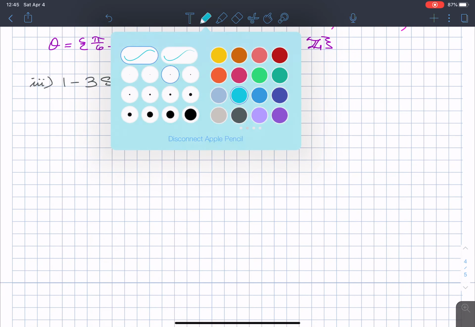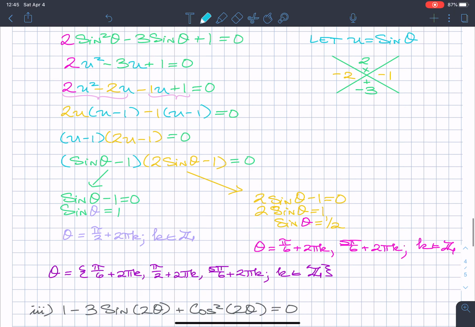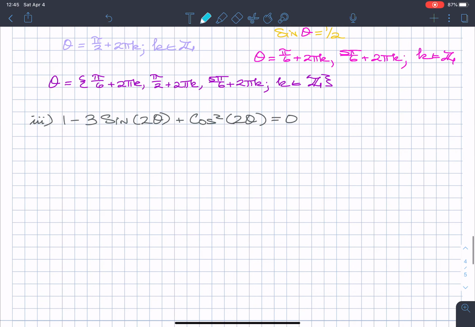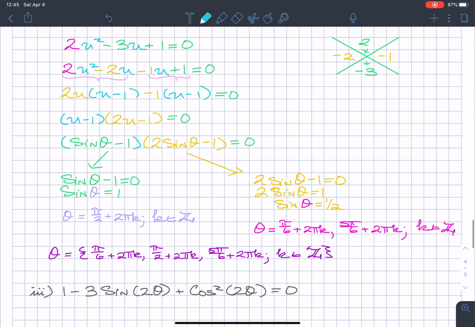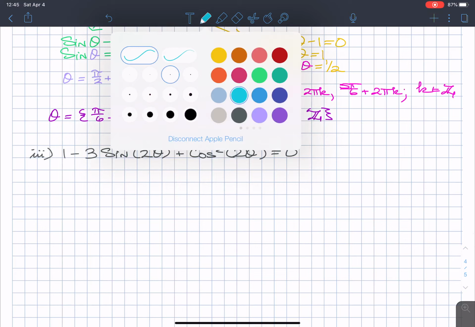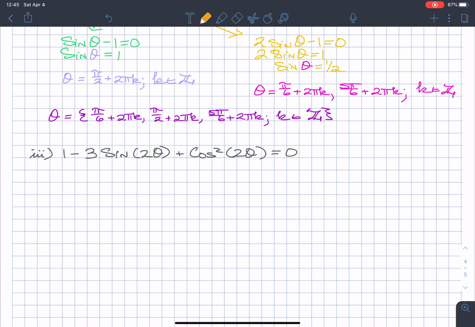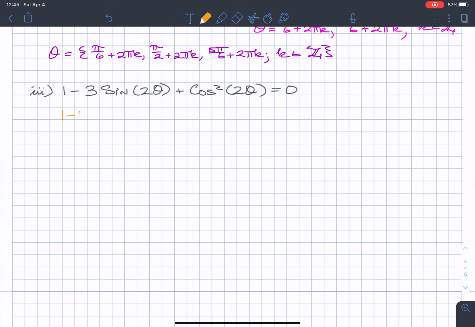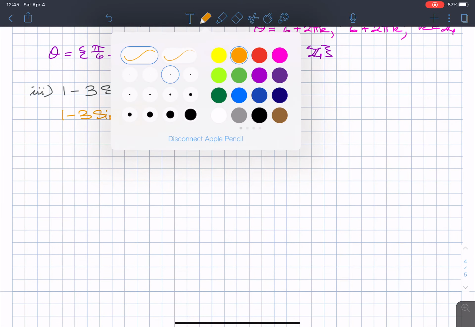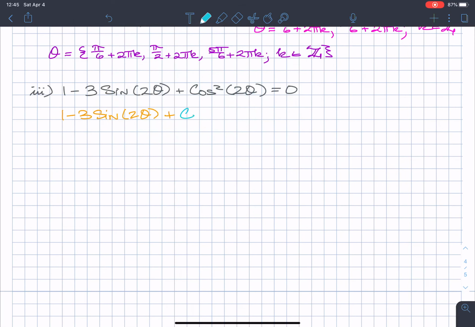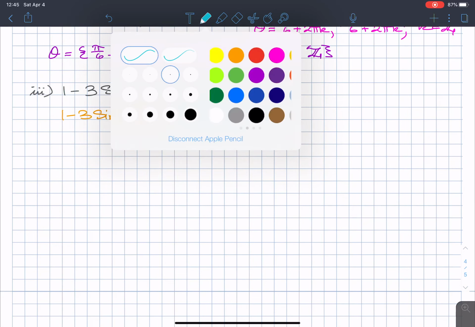Okay, I should use orange for this one. So I have 1 minus 3 sine of 2 theta plus cosine squared of 2 theta is equal to 0.